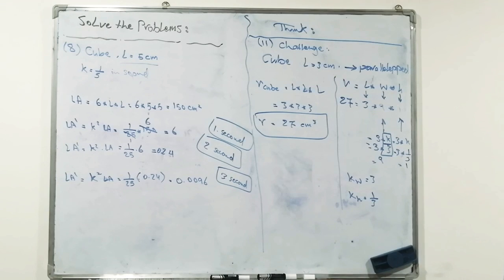Then we get a new shape, a parallelepiped, with the same volume but different dimensions. Now we finish our lecture today, which is solving the questions and exercises on the rate effect on volume, lateral area and total area of three-dimensional geometrical shapes.